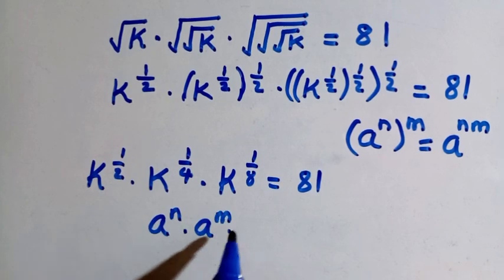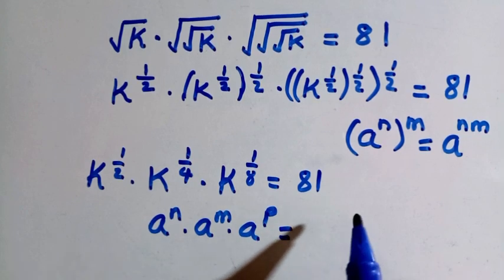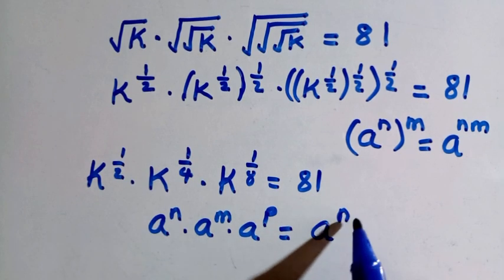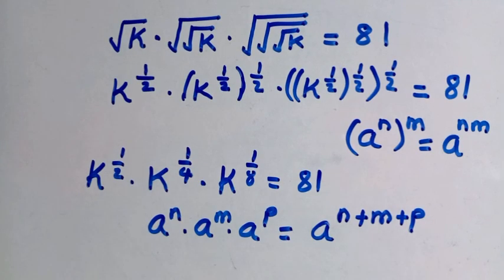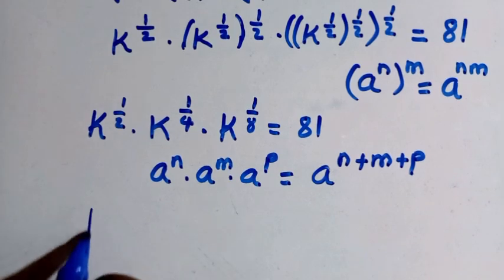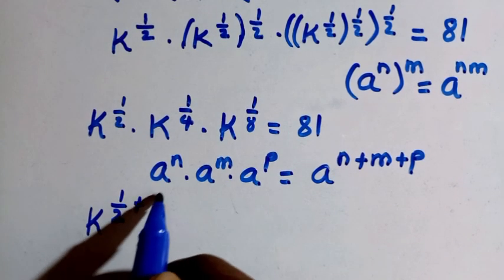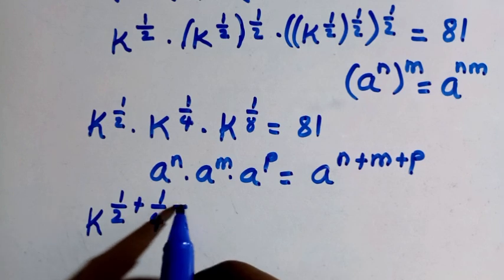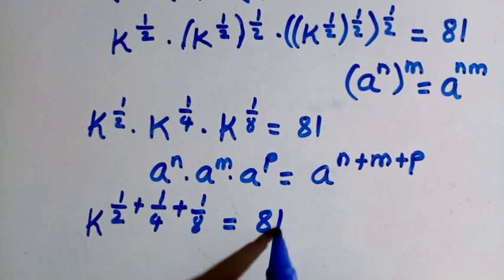In the next step, if we have a raised to power n multiplied by a raised to power m multiplied by a raised to power p, this equals a raised to power n plus m plus p. When we apply it here, we have k raised to power 1 over 2 plus 1 over 4 plus 1 over 8 equals 81.